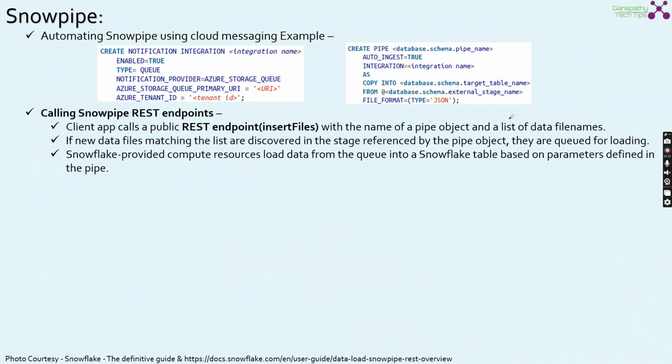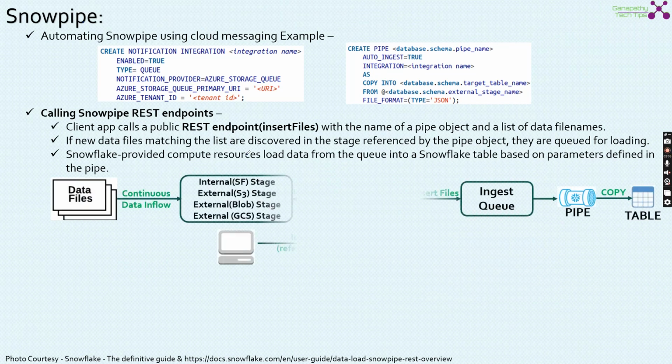We are going to discuss in greater detail via a diagram. If new data files matching the list are discovered in the stage referenced by the pipe object, they are queued for loading. As simple as it is. Snowflake provided compute resources load the data from the queue into the Snowflake table based on the parameters defined in the pipe. So instead of cloud messaging queues, this is the other way of calling it via REST endpoint.